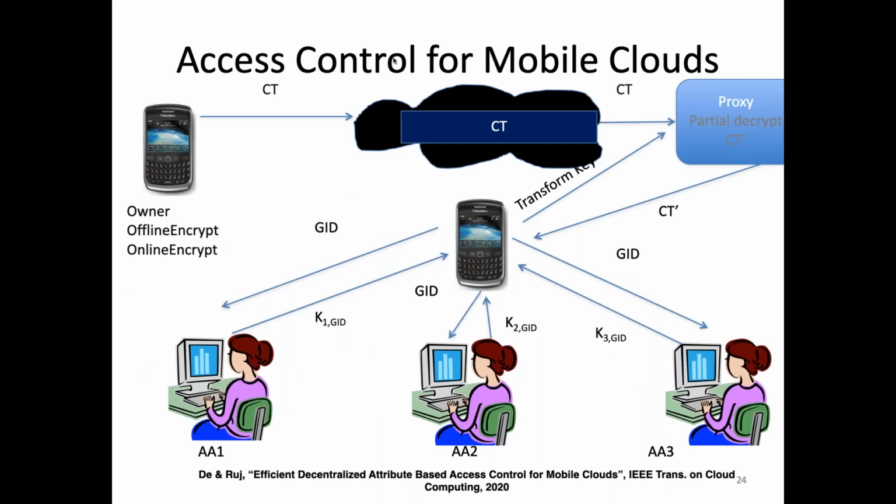I would just like to mention that in one of our works with a collaborator, we looked at how this can be done efficiently, and we took the help of two mechanisms which would help in partial decryption.